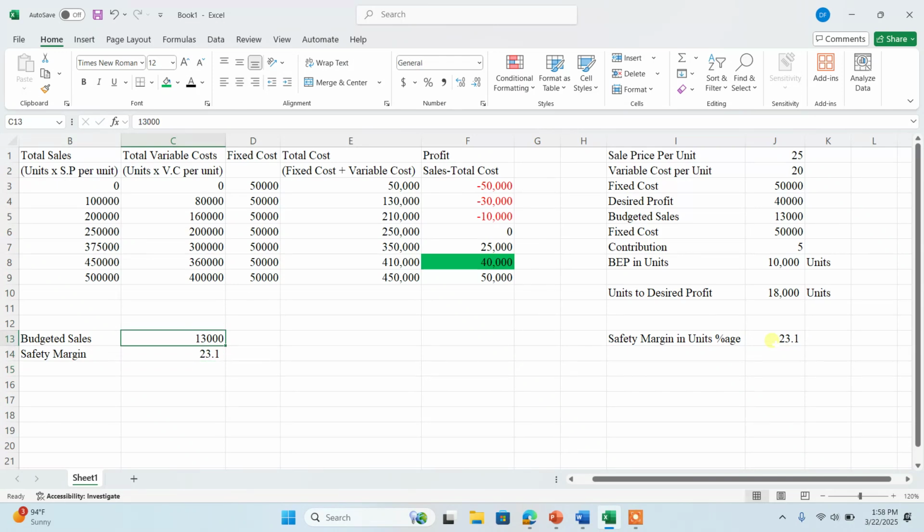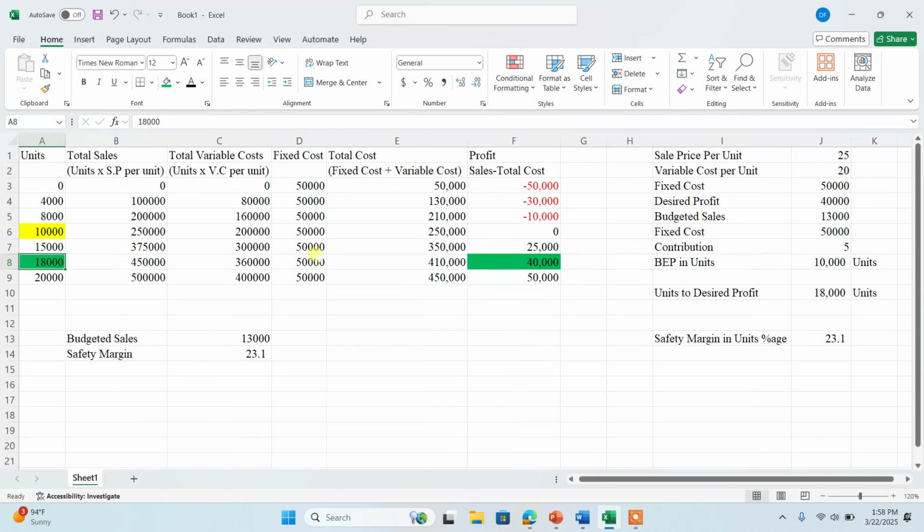If my sales volume decreases by 23.1%, I will reach zero profit. On 13,000, I am in profit. If you can see here, if I produce more than 10,000, so 13,000 is somewhere in between, which means that on 13,000, my profit is somewhere between 0 and 25,000.